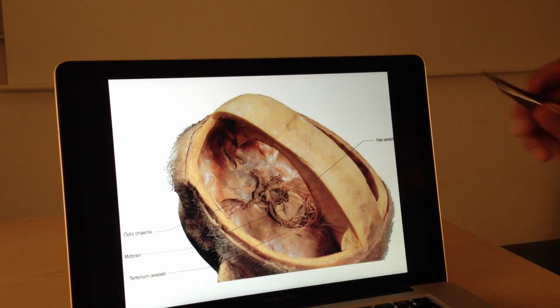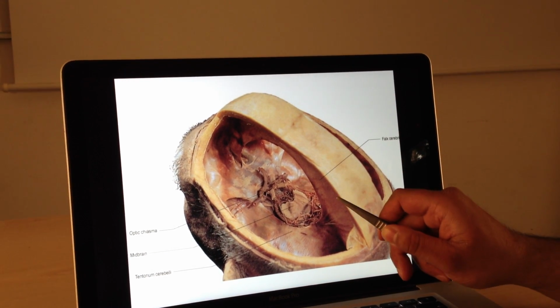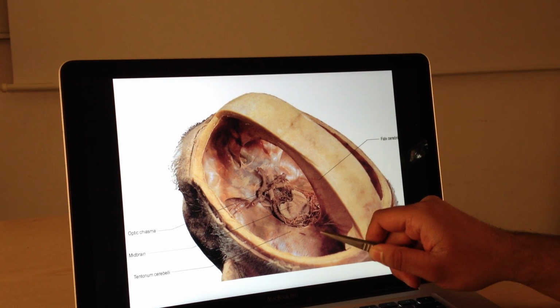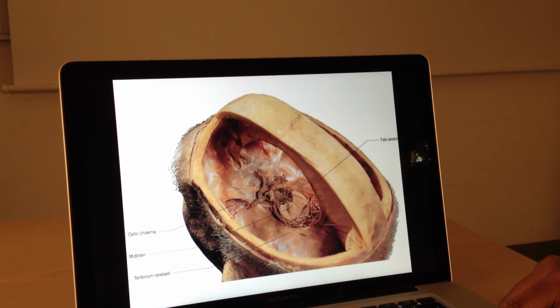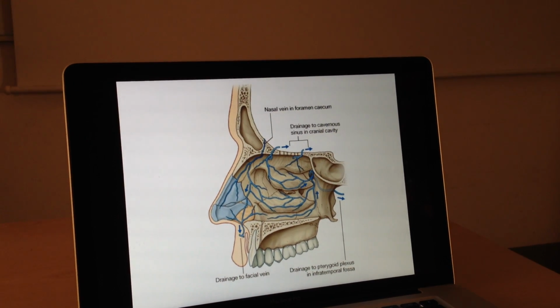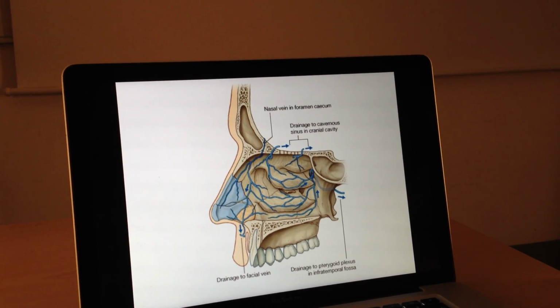And this is just a lovely little demonstration of the falx cerebri, the tentorium cerebelli and the diaphragma sellae across here.